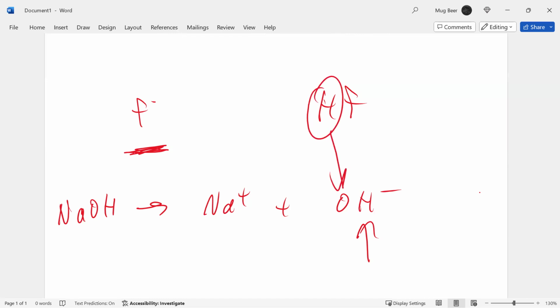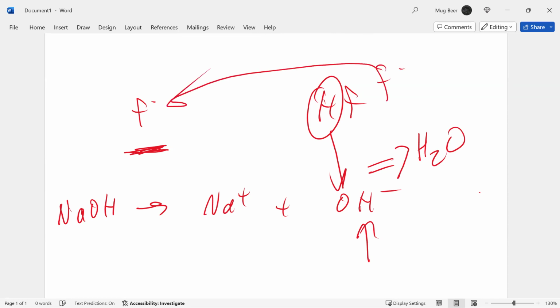When the H attaches itself to the OH, what does it turn into? It turns into a water molecule. So I increased the OH minus concentration. And what did this buffer do to it? It got rid of the OH minus. It turned it into water. Now I've got another F minus floating around. So really, I've just increased the concentration of that side of the buffer. Are we okay with that?